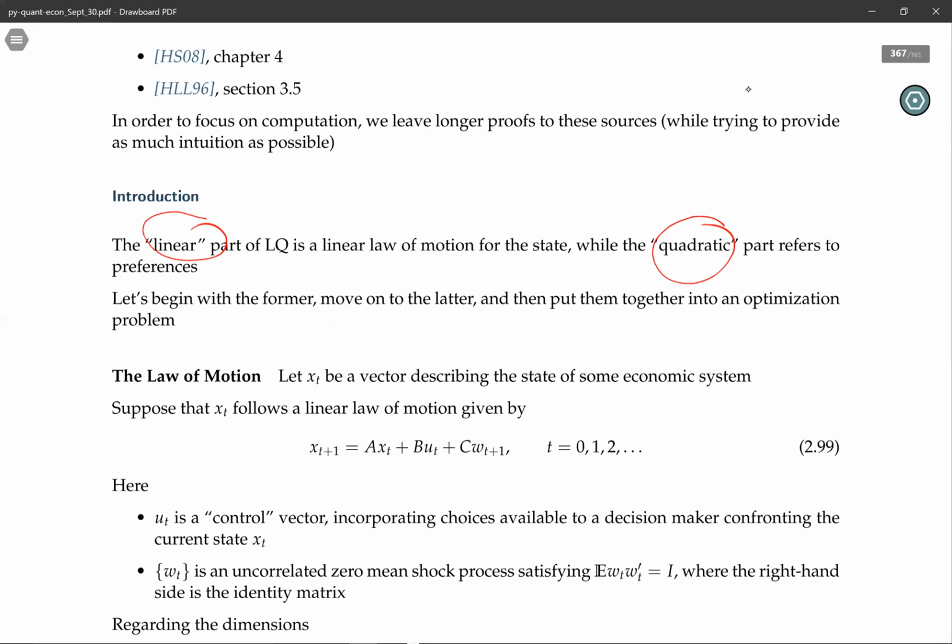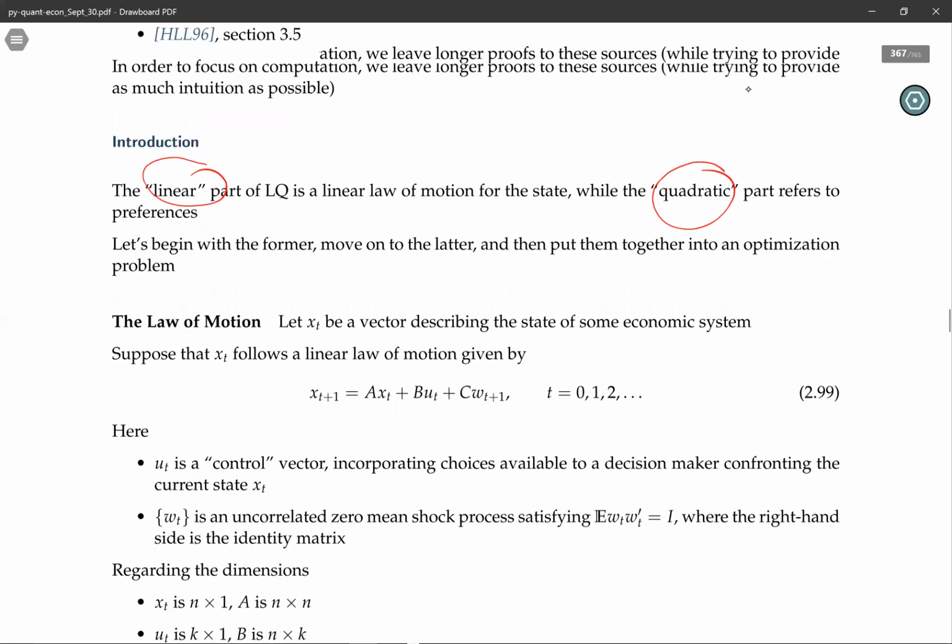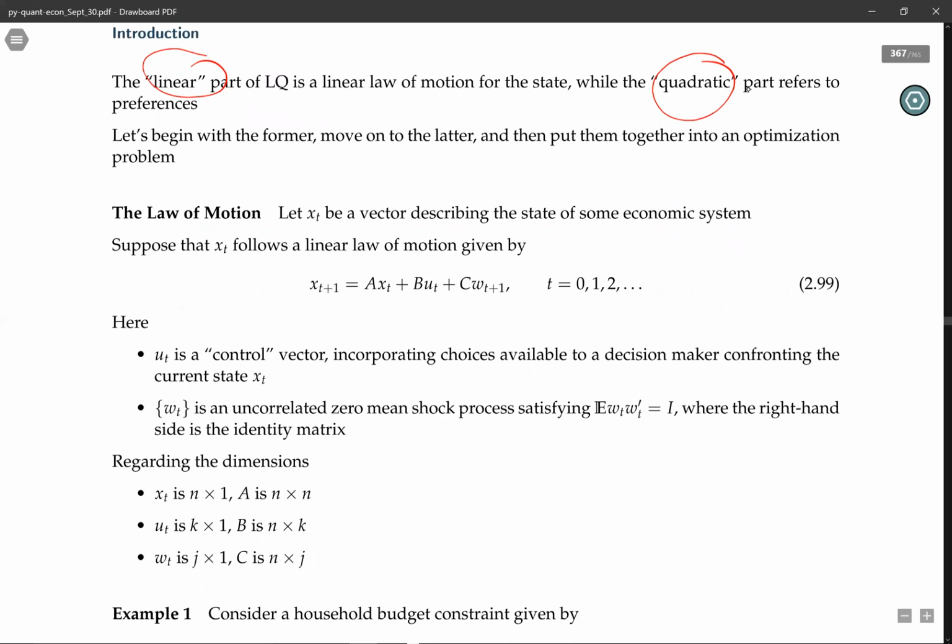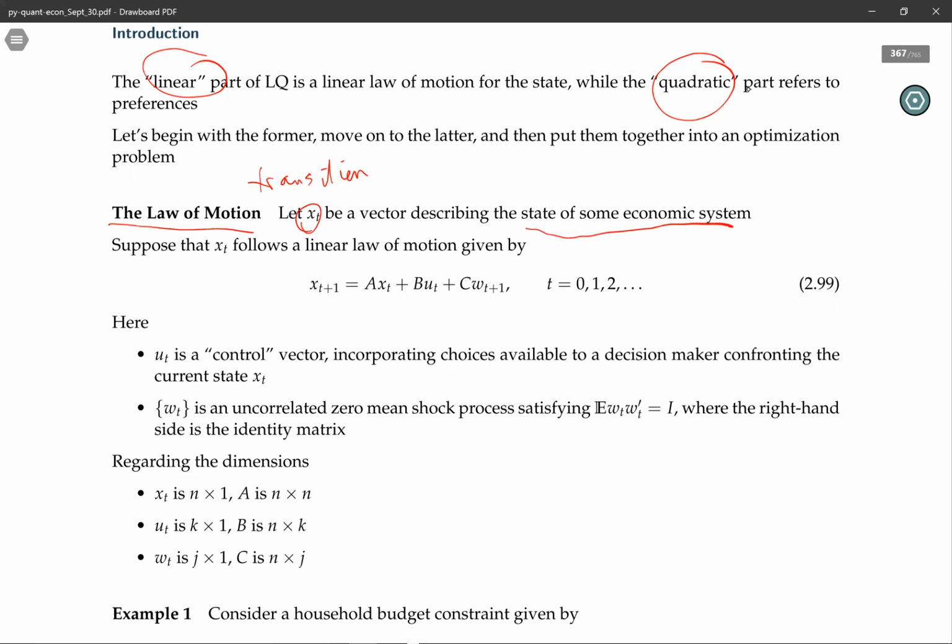Okay, so the first thing is we're going to have something called a law of motion, or a transition equation. What's xt? It's a vector. Its length will depend on the problem, describing the state of some economic system. So what's a state? It's a complete description of the current position of the system.